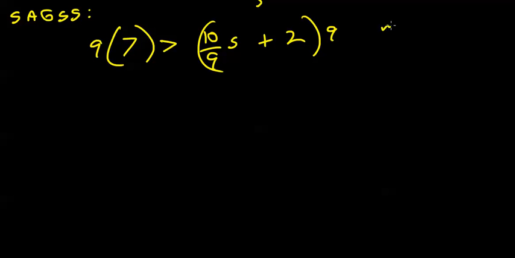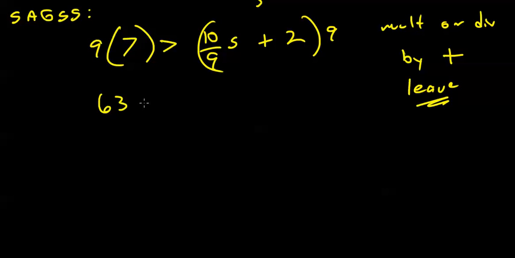And again, when you multiply or divide by a positive, you leave the arrow. So I'll leave the arrow and I'll say get 63 on the right. 9 times 10/9 s is 10s. I've got to apply my distributive law. And 9 times 2 is 18. So I get the equivalent inequality: 63 is greater than 10s plus 18, with no fractional multipliers on my variable.